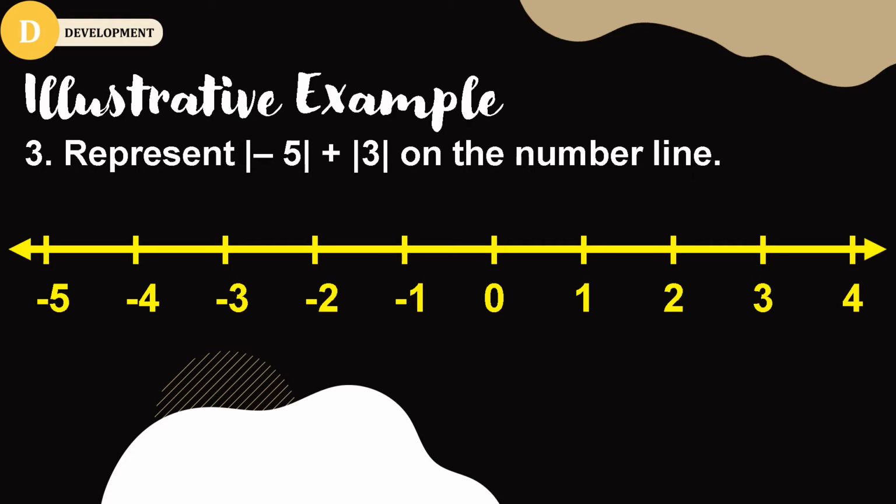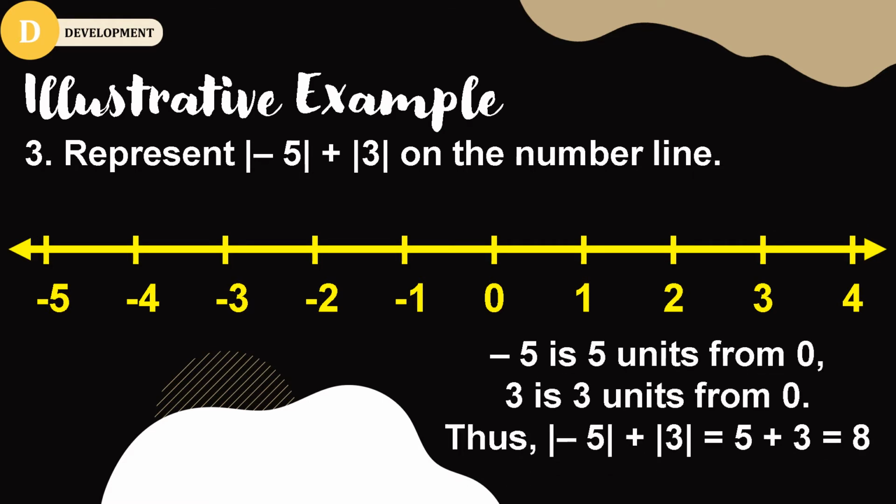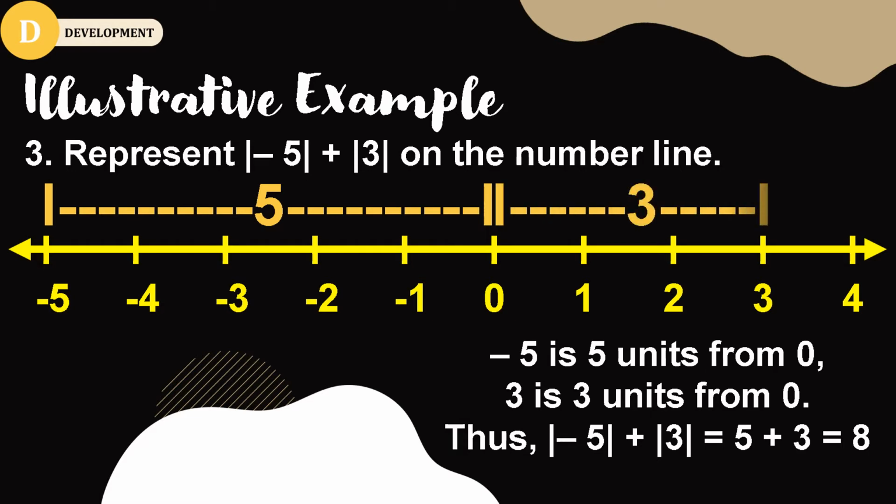On the number line, since -5 is 5 units from 0 and 3 is 3 units from 0, thus, the absolute value of -5 plus the absolute value of 3 will now be equal to 5 plus 3 is equal to 8.